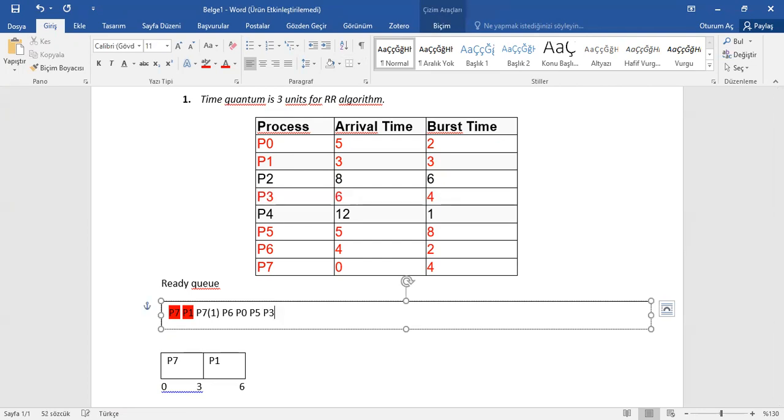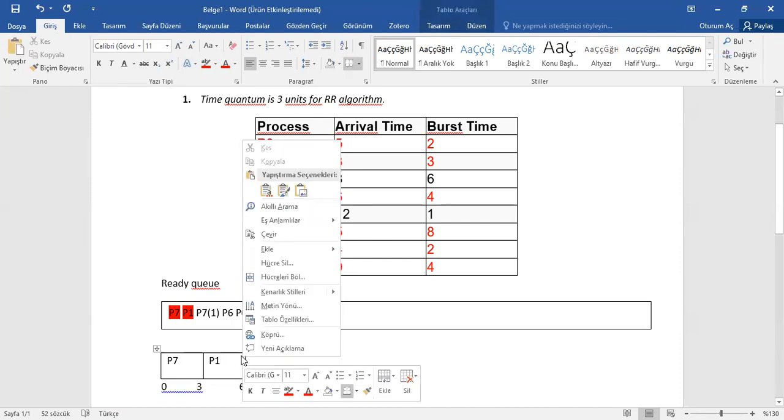Okay, process 3. So the next one is process 7 again, in this case. How much time? 1 nanosecond. Yes, only 1 nanosecond.